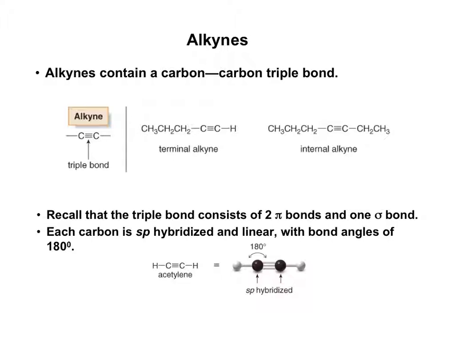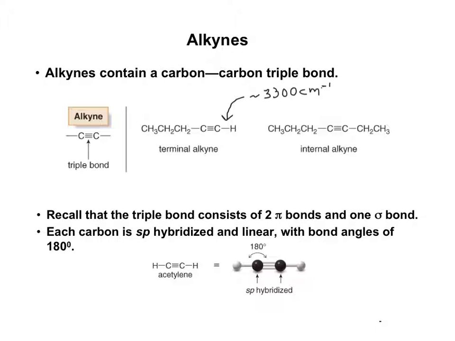So, in an IR spectrum, the terminal alkyne will have an absorption that shows up right around 3300 wave numbers to represent the carbon-hydrogen bond in which the carbon is sp hybridized.